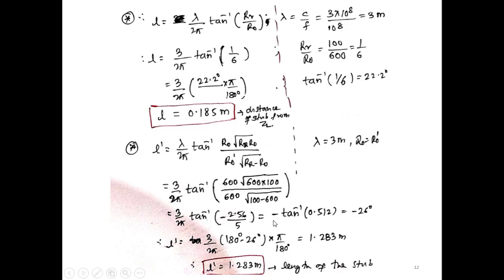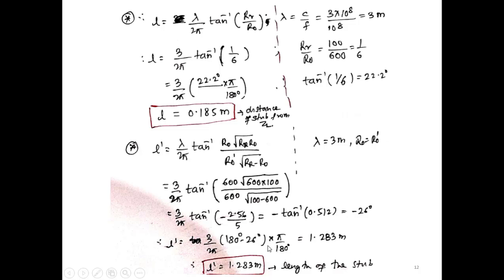Then this is equal to minus tan inverse of 0.512, which is equal to 26 degree. This you have to take as a negative value here. Therefore, L dash is equal to 3 by 2 pi into 180 degree minus 26 degree.